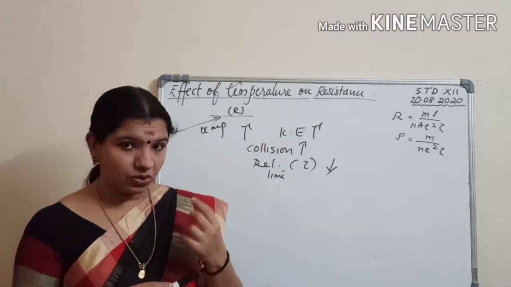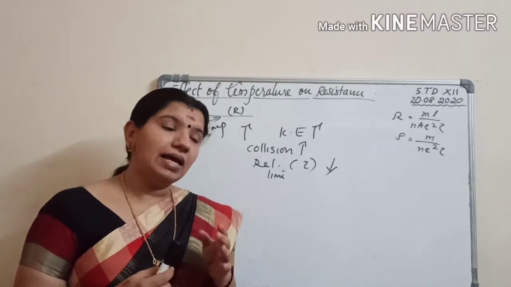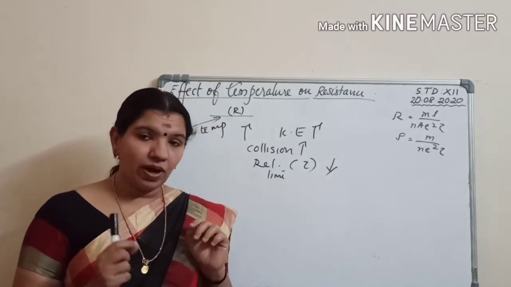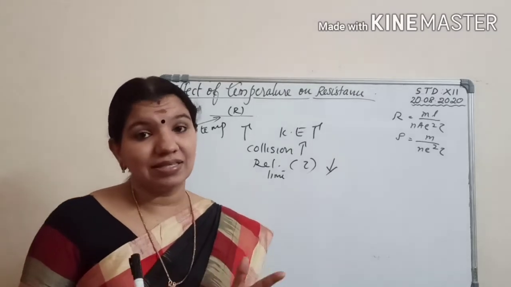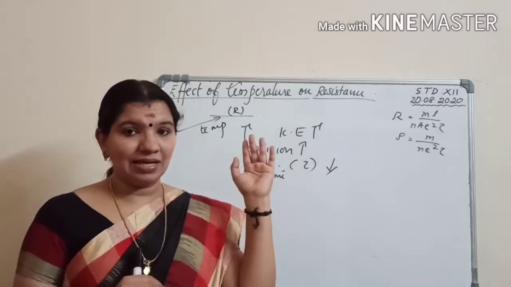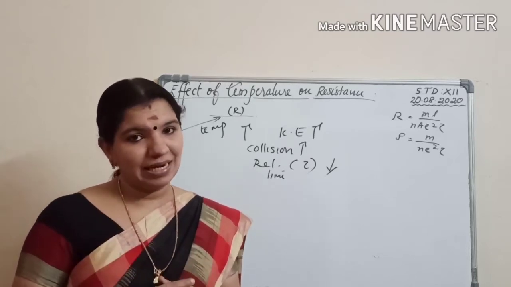Now we can write this equation there, R equal to ml by N E square A tau, and if the relaxation time is decreased, then automatically resistance will increase as well as the resistivity will increase. That is the effect of temperature on resistance.